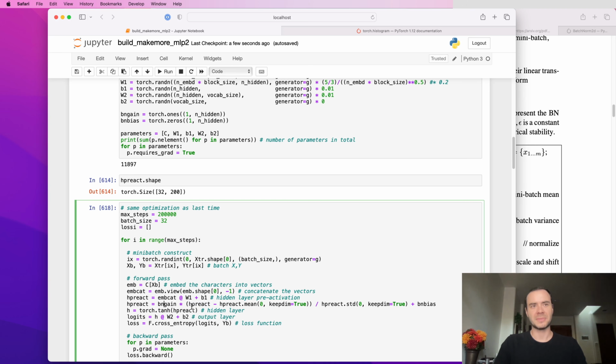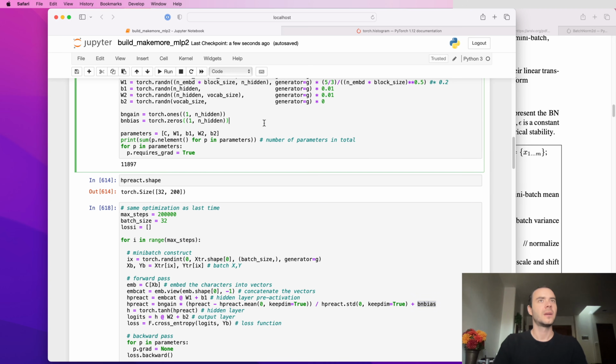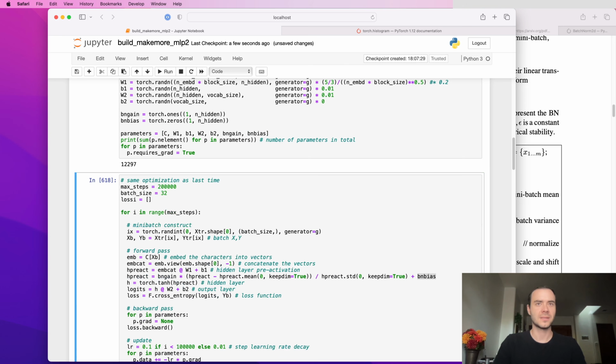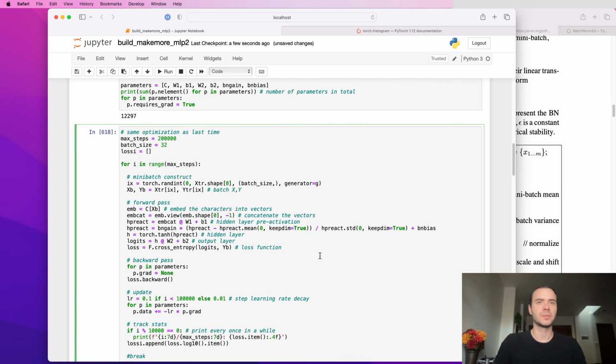And then during optimization, we'll be able to backpropagate into bn_gain and bn_bias and change them, so the network is given the full ability to do with this whatever it wants internally. Here, we just have to make sure that we include these in the parameters of the neural net because they will be trained with backpropagation. So let's initialize this, and then we should be able to train.